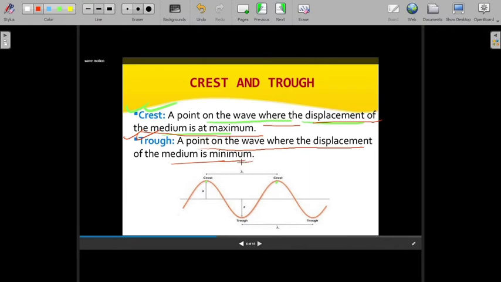Here, this is called the trough, where the minimum displacement is happening.